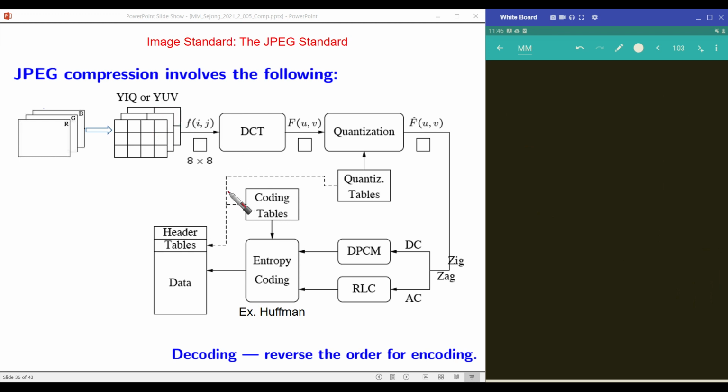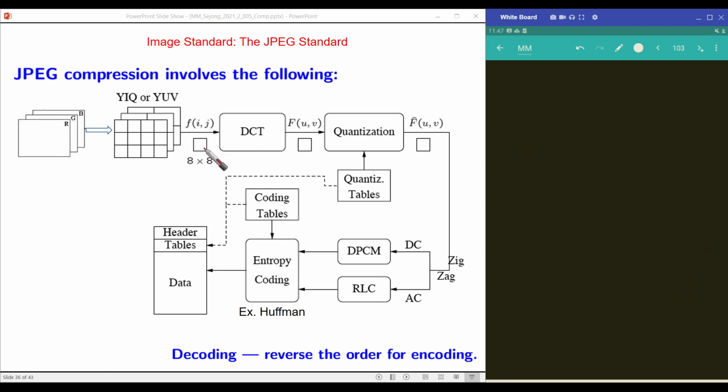Anyway, let's say RGB. We take the R plane first and do this process, then we take the green plane and do the process again, then the blue plane, and then we are done. So how does it look then?